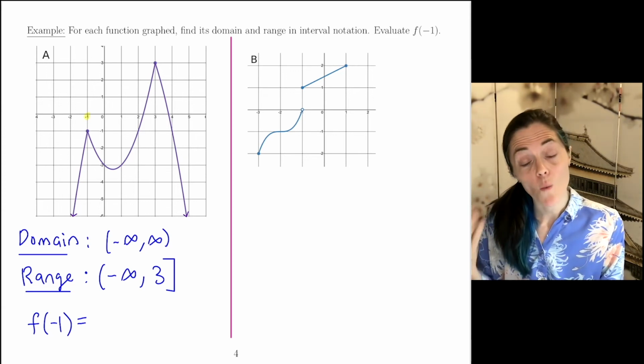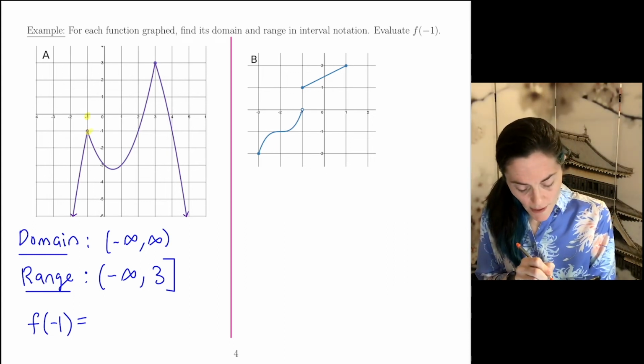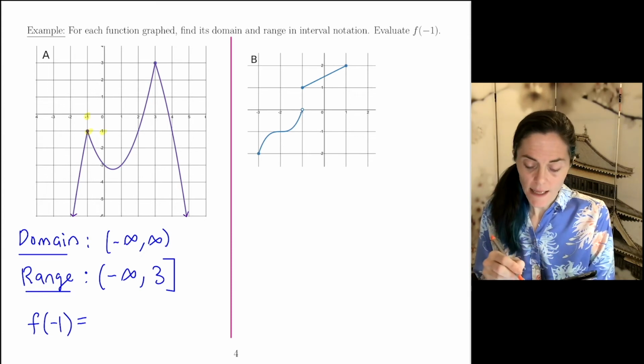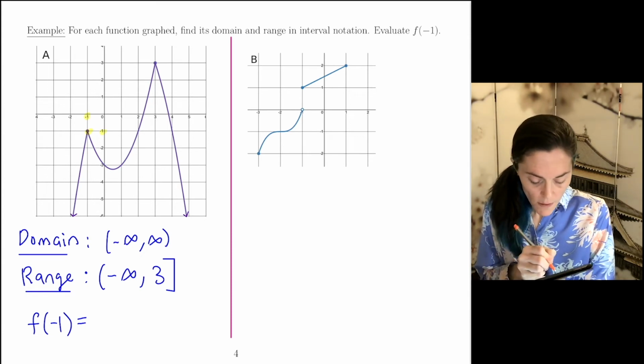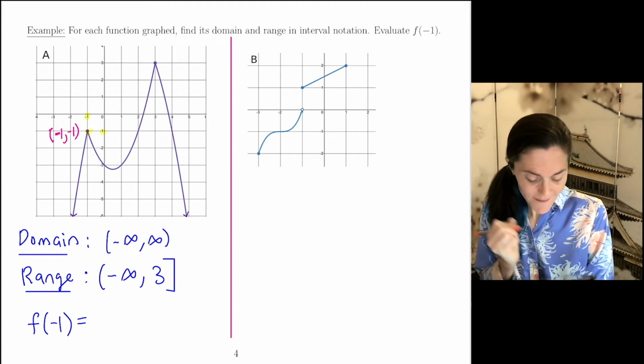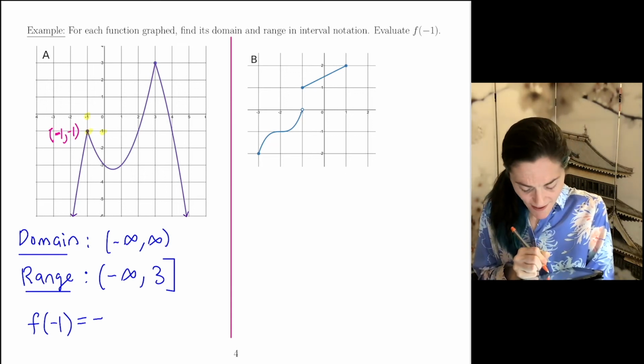And we want the y value corresponding to that. Well, here's the point on the graph. And here is the y value. In fact, I can label the point on the graph. The point on the graph is -1, -1. Okay, and so we see f of -1 is -1.